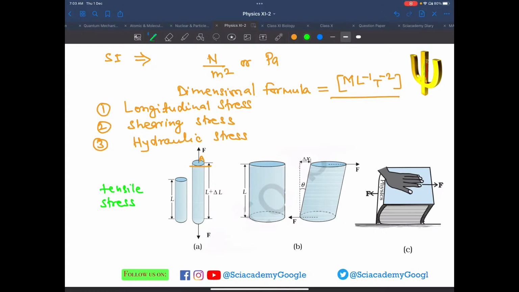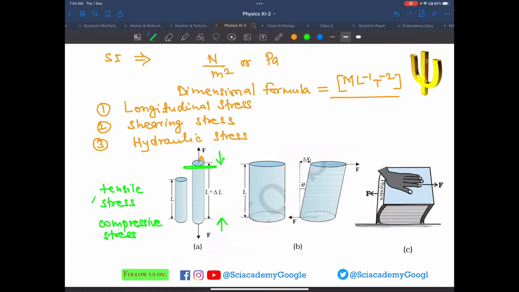And we can also visualize that if we are compressing this cylinder inside, then also force is perpendicular to this area of cross section, and in that case we call it compressive stress.